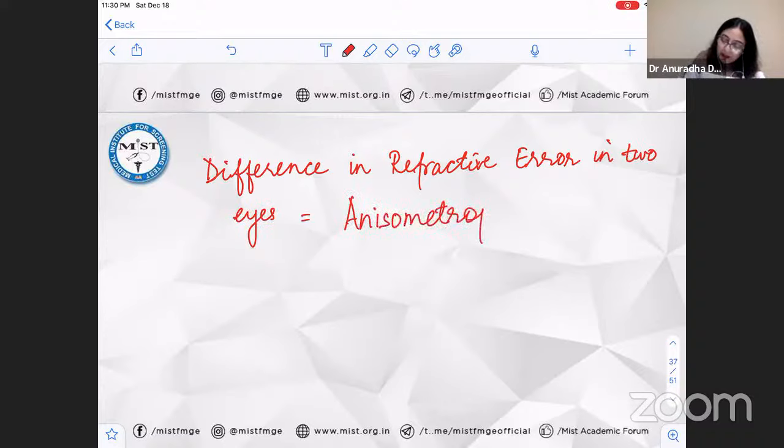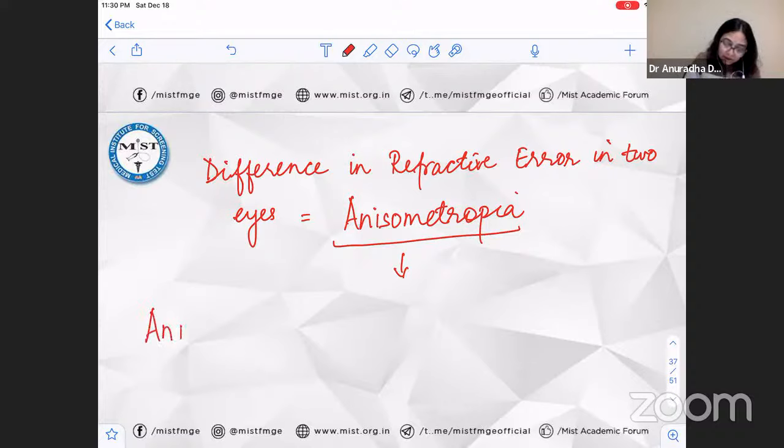Anisometropia itself will not cause decreased vision. It is the amblyopia due to anisometropia which will cause it, because the eye with less refractive error will be the better seeing eye, and the one with more refractive error will become the lazy eye. So it is the amblyopia which is the cause of the decreased vision.